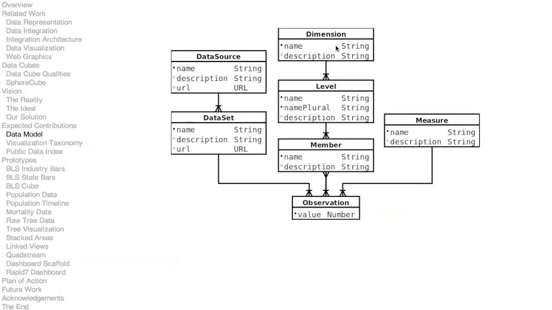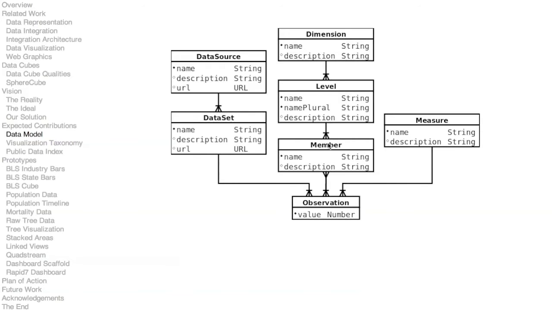There are dimensions and measures in data cubes. So these correspond to classes in this data model. A dimension could be like space or time or industry or gender, things like that. And a level is a level of a dimensional hierarchy. So for example, in the space dimension, there could be levels of like countries, U.S. states, U.S. counties, metro regions of cities, or in time, levels would be like years, months, weeks, days, quarters.